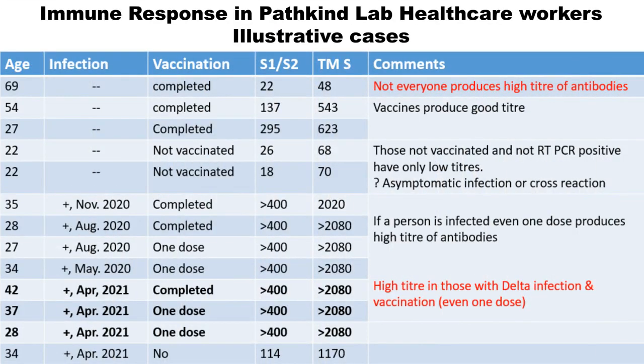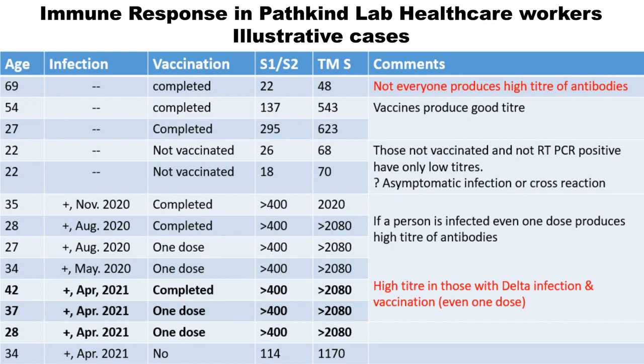When we looked at individual responses against S1, S2 and trimeric antibodies, we found that not everybody responded by producing high antibodies, especially persons in the older age group. Those who had vaccines had medium titer of antibodies.